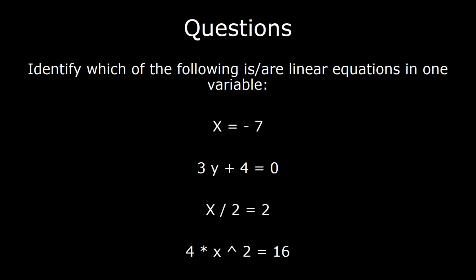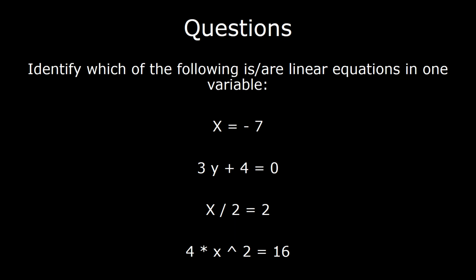Question 3. x upon 2 equals to 2. This reminds us of ax equals to b. But there's something odd going here for a, because we've got x upon 2 in place of a into x.